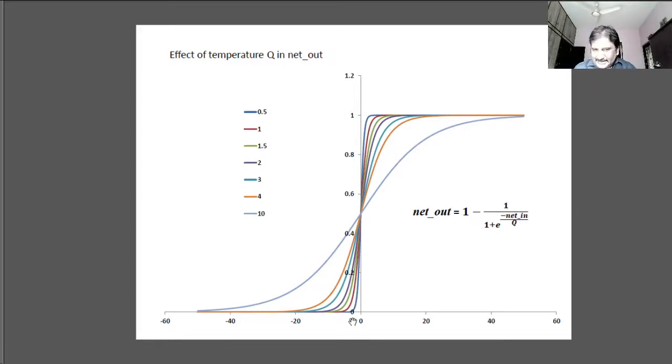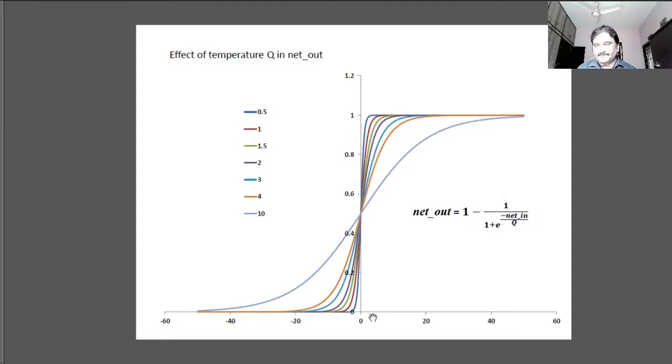That is to say, the changes in the net in value are properly reflected by the sigmoidal function if the net in value lies between minus 0.5 to 0.5.